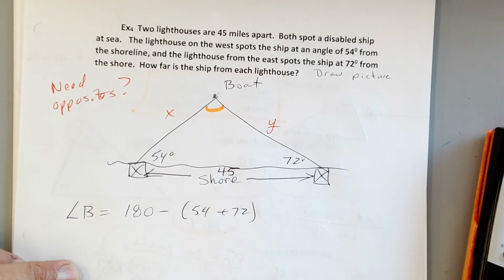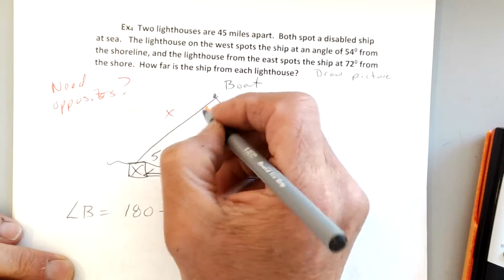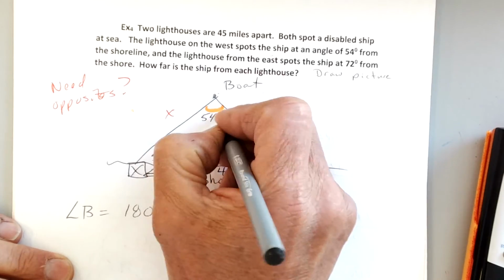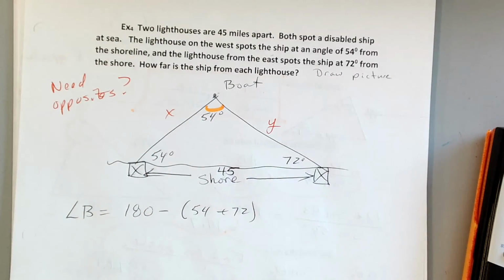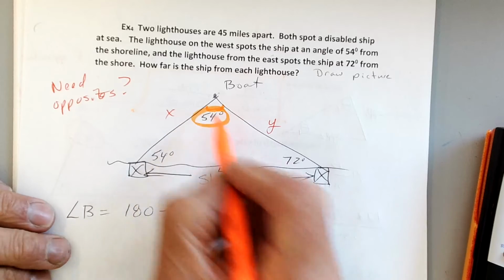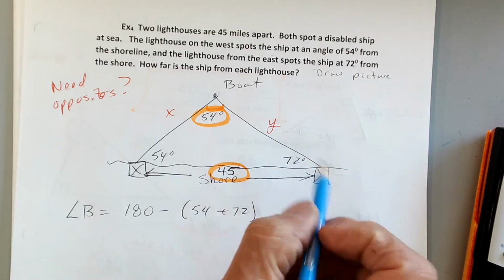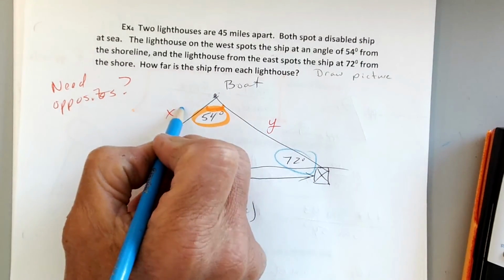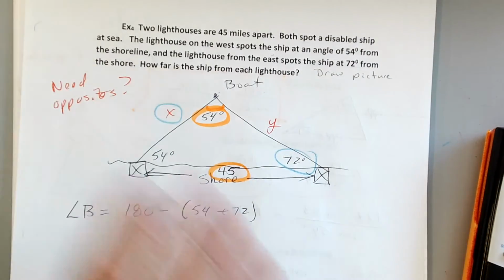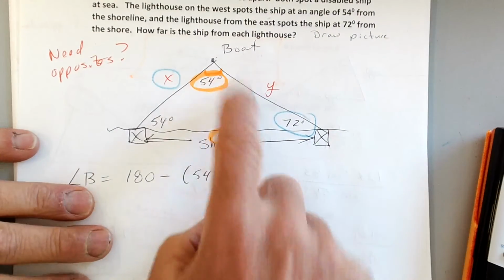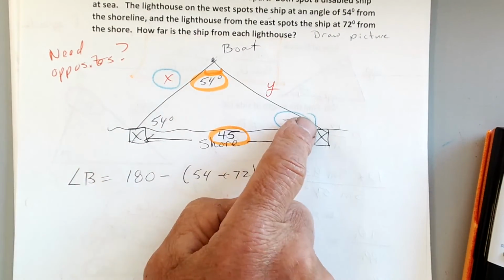54 degrees is the same as that. And now I have my opposites, right? Opposite, opposite. So we can find X because 72 and X, I've got my opposites. So if you have a pair of opposites, we can set it up.